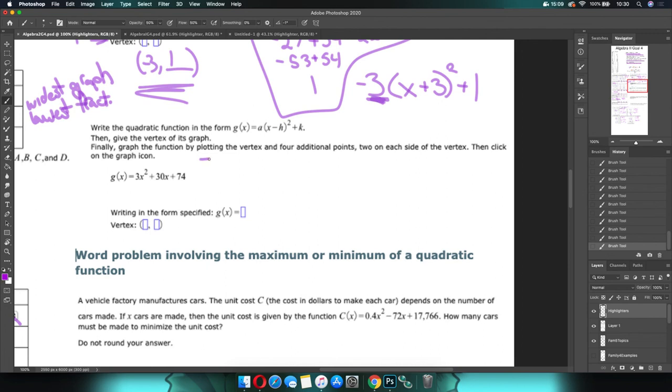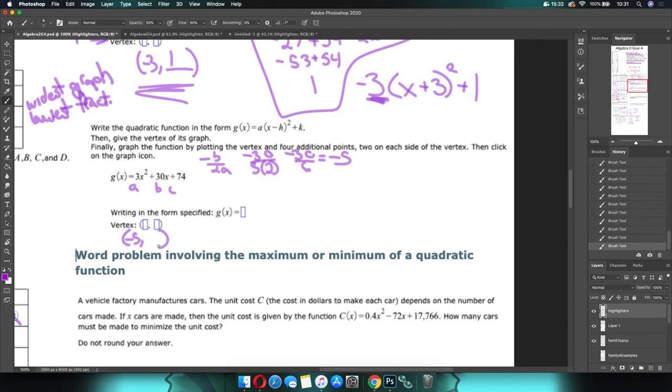So we're going to start with opposite b over 2a. There's our a, there's our b, there's our c. So it is going to be negative 30 over 2 times a, so 3 times 2. So that's negative 30 over 6, which is negative 5. So it's going to be negative 5 comma something.